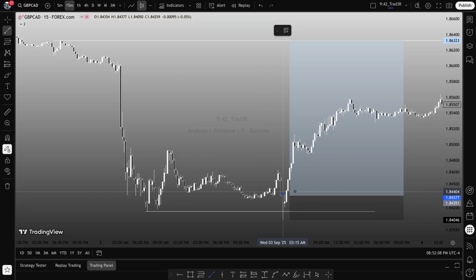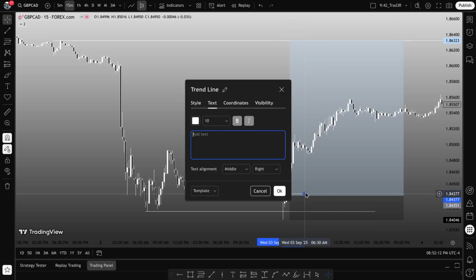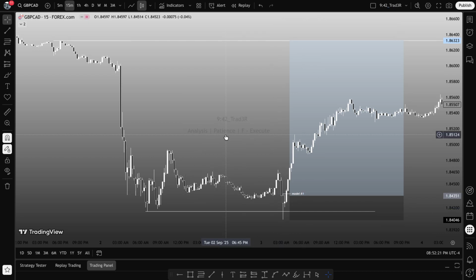This is my entry, my refined entry, and my stop loss is below this one candle that took out the liquidity, and my target is the daily range high, which is Tuesday's high.